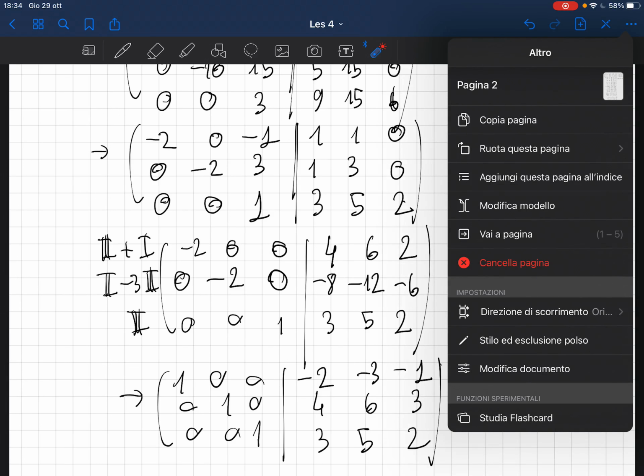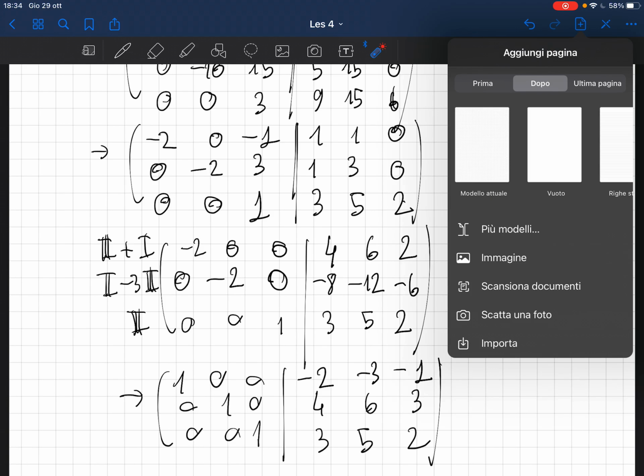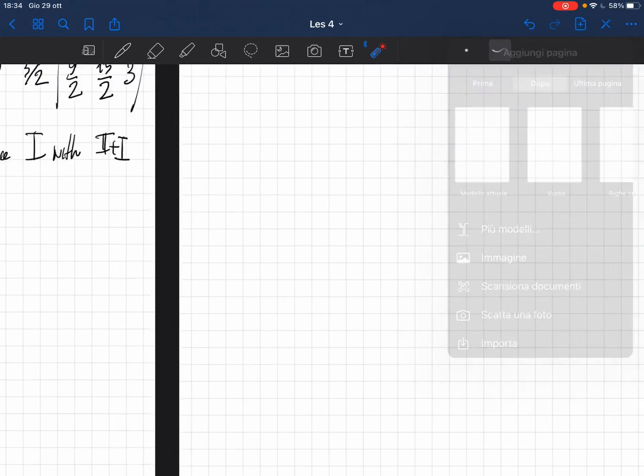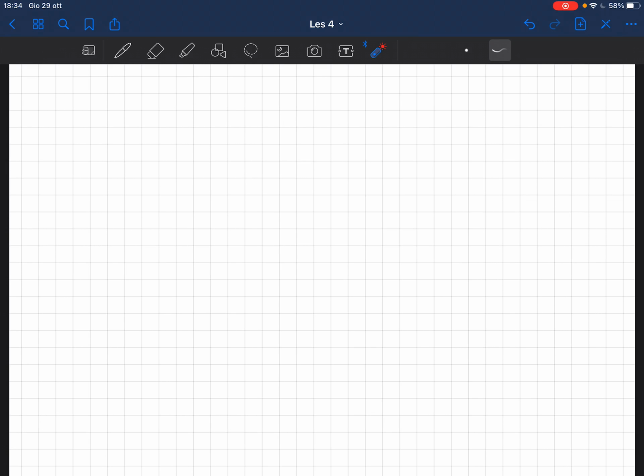Okay, let me add a page. Okay, let's go on. So let me just write the inverse matrix. Now we have it, and it's this.